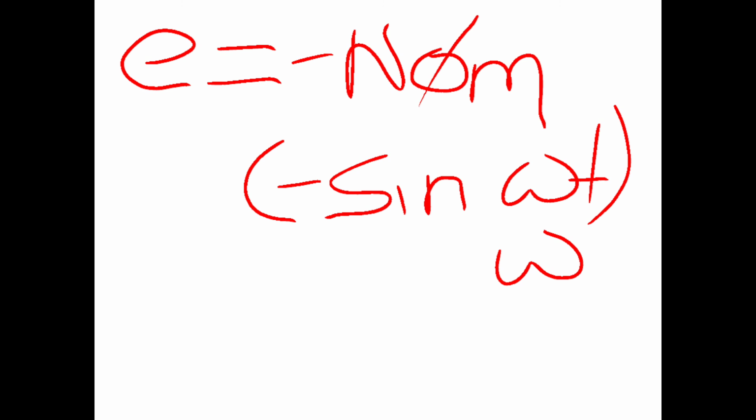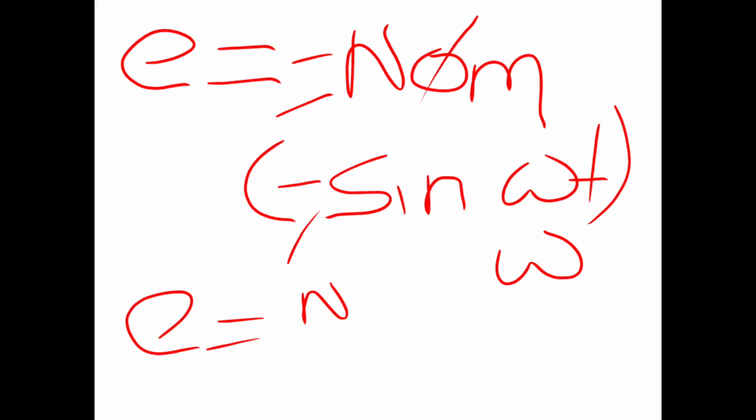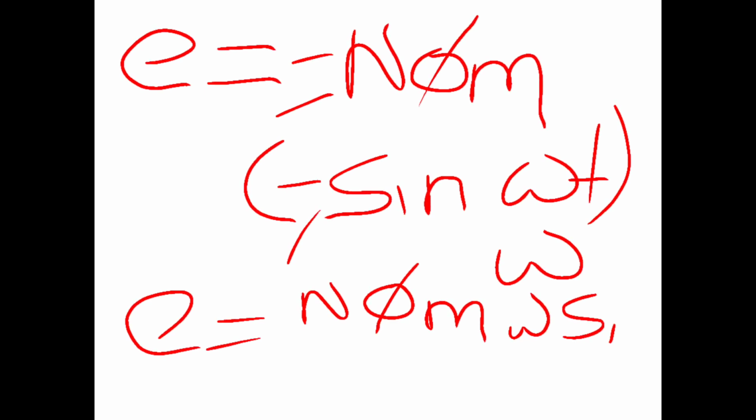After this, the two minus signs are cancelled. So our answer is E is equals to N phi m omega sin omega t. After this, put phi is equals to B dot A, means flux density into area.